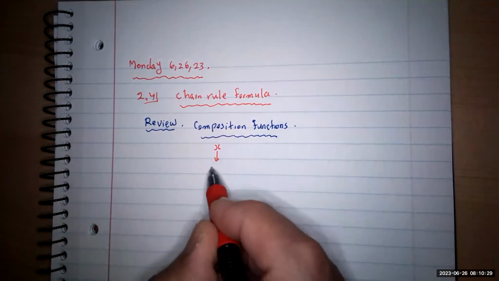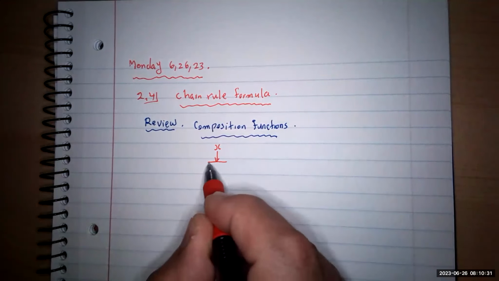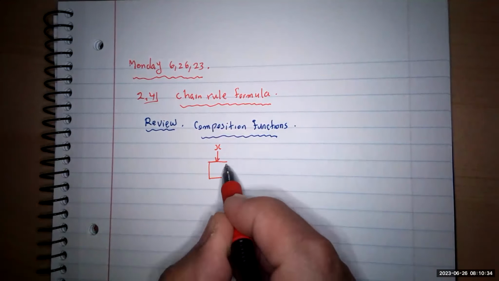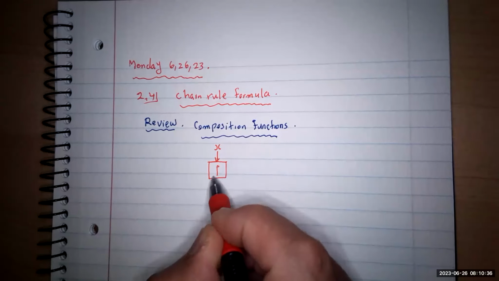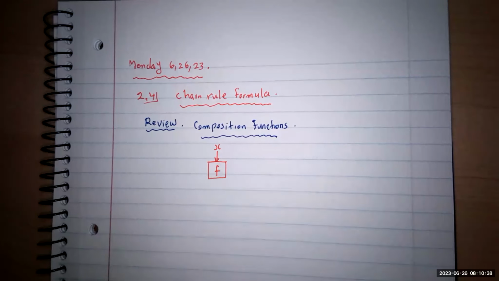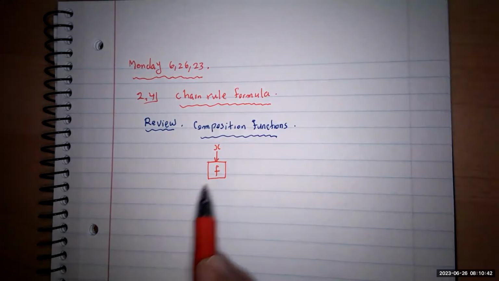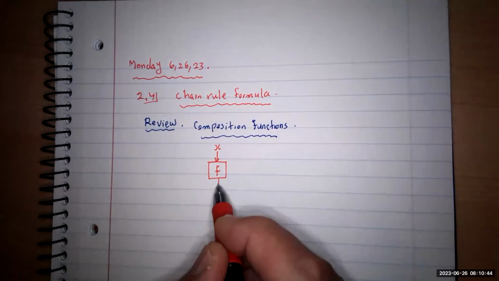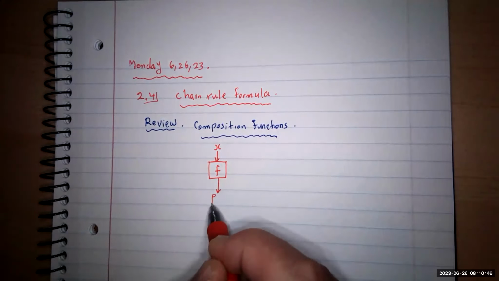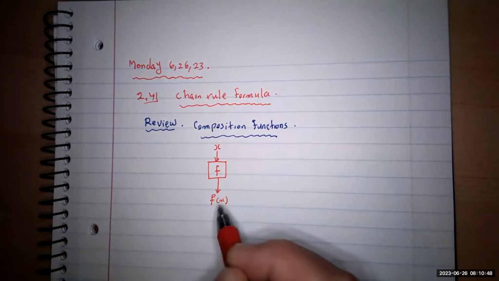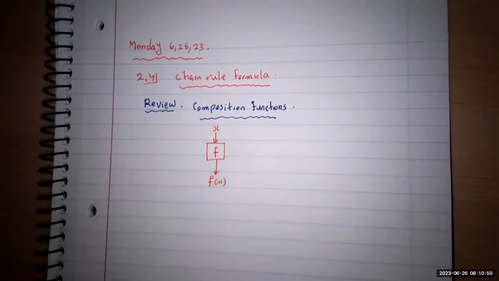So you're going to put it into the first function, whatever it is. It's like you apply for a job. If you apply for a job, first thing to do, you have to submit an application. So in this case, you are going to get f of x. That's the first step.